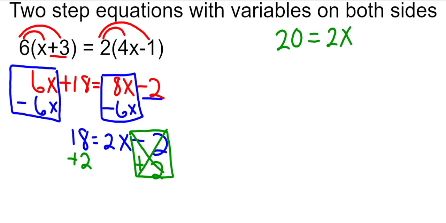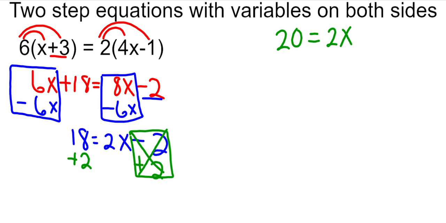Now you can probably already tell what x is equal to. But if we do this the right way, we are going to divide by the coefficient of x. In this case, our coefficient of x, coefficient is just a fancy word for the number that's stuck to, or the number that is working with, x.